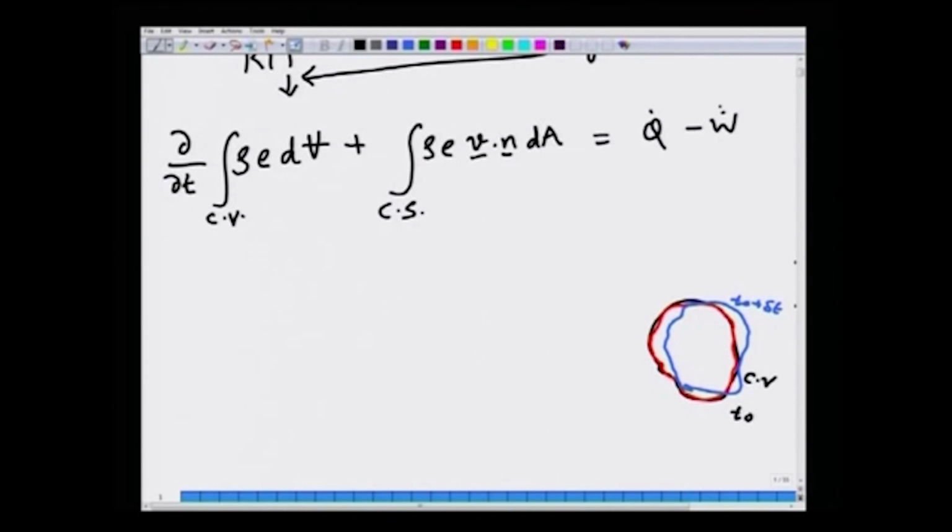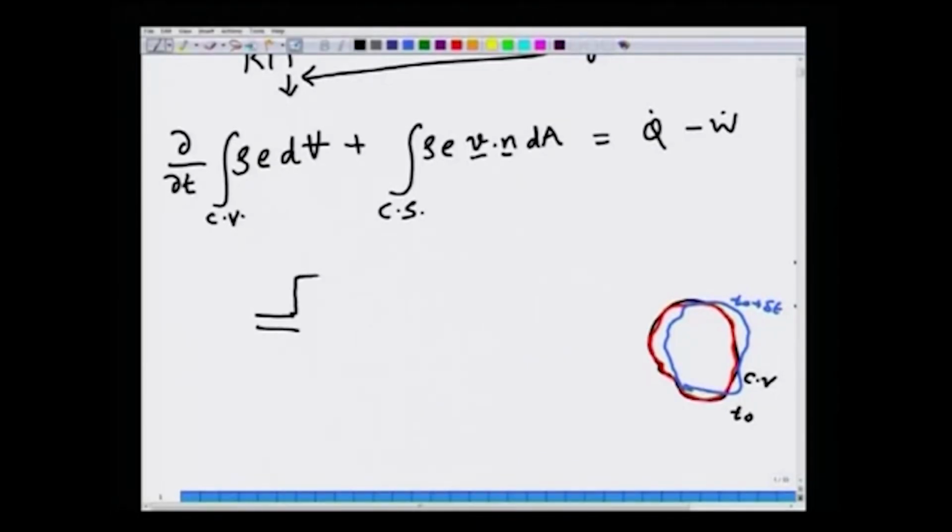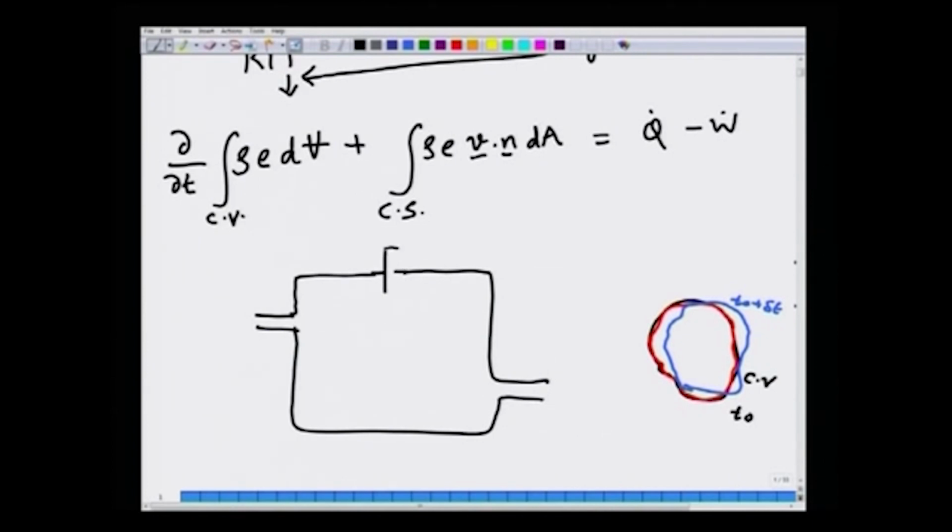In order to understand various contributions to the work interactions between the control volume and the surroundings, we imagined in the last lecture drawing a general engineering equipment, which is typical in many fluid mechanics applications, where you had a shaft, and this shaft has a rotor, which could be an impeller, rotating at some angular velocity.